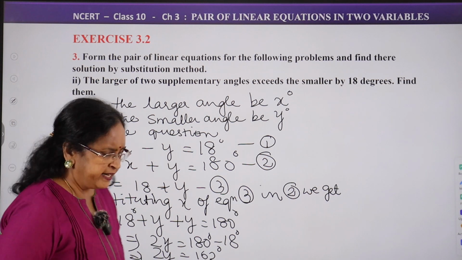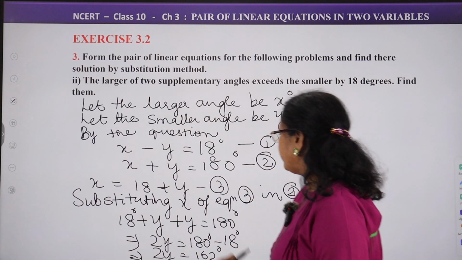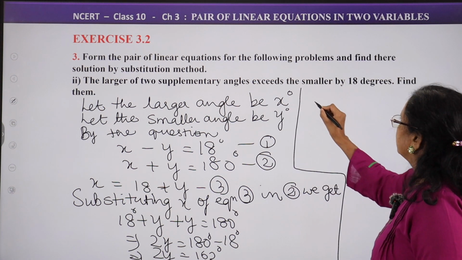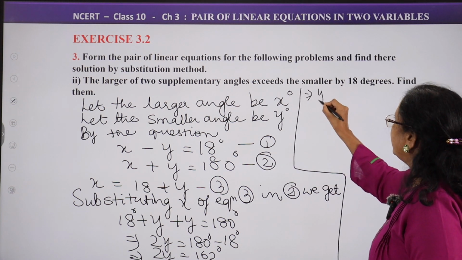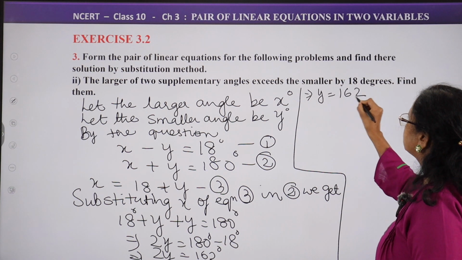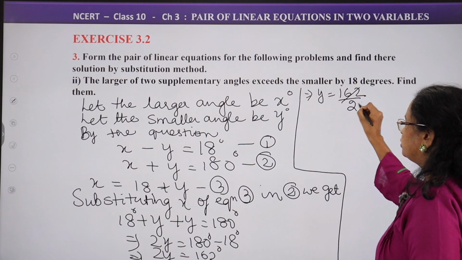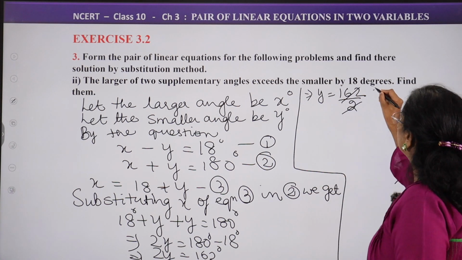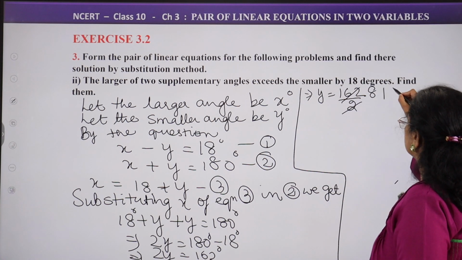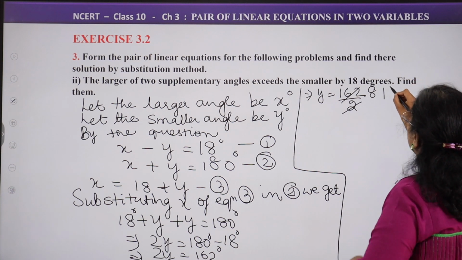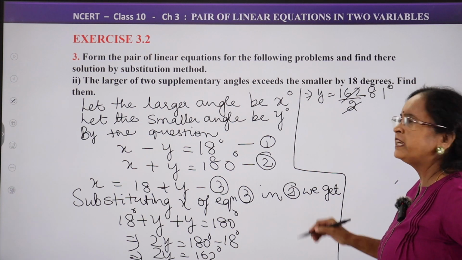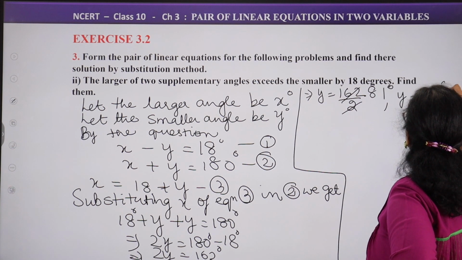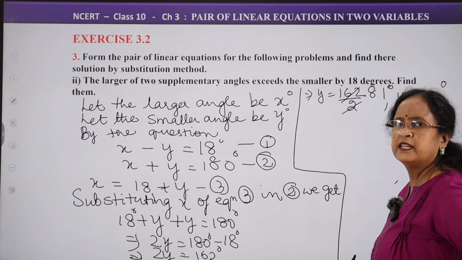This implies y is equal to 162 by 2. Bringing it to lowest terms, I get it as 81 degrees. So, y is equal to 81 degrees.